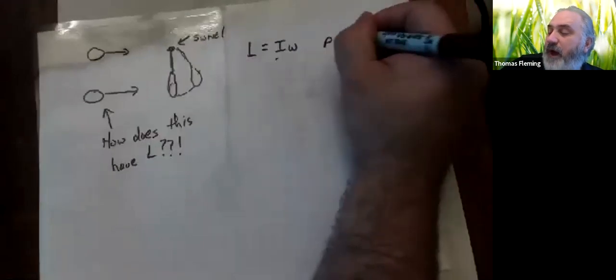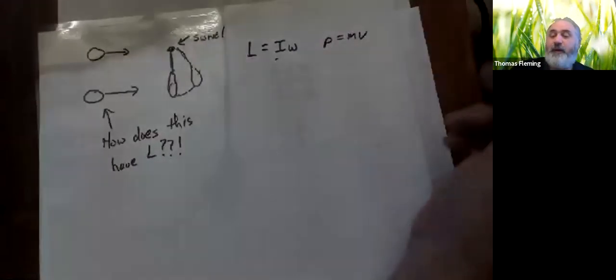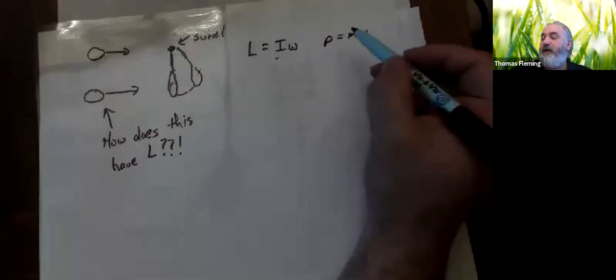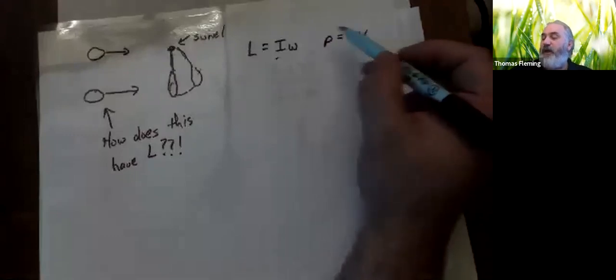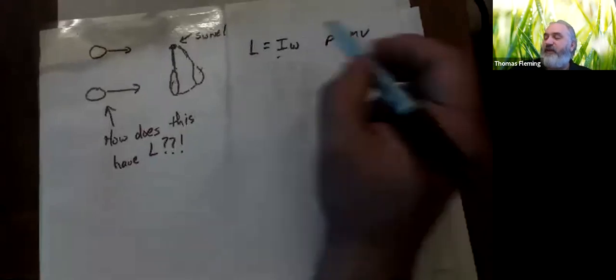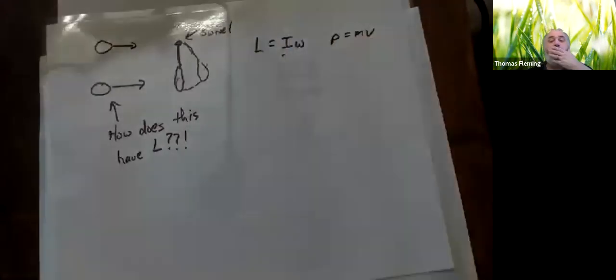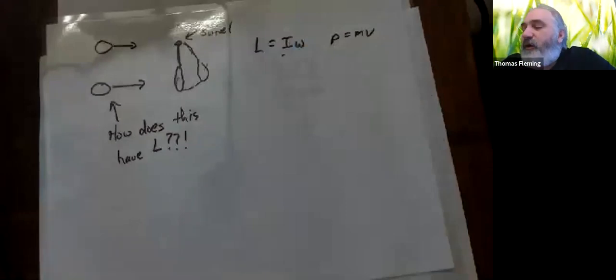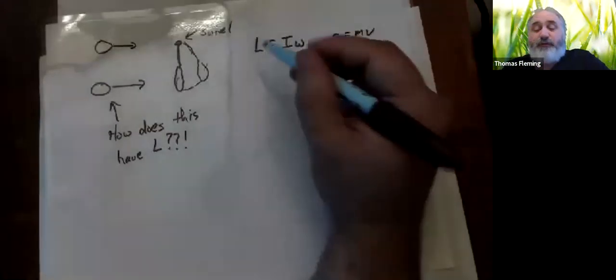We said, aha, to come up with this, I just took the regular momentum and replaced m with I and v with omega, because these are the linear versions and these are the angular versions. But there's another place where we compared linear variables to angular variables, and that was with kinematics.